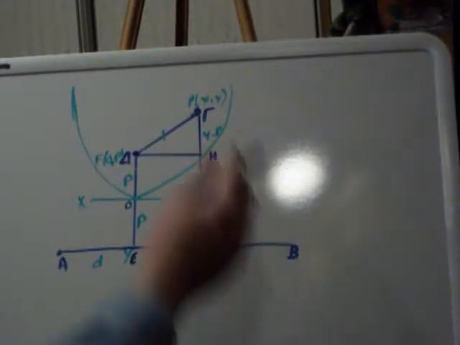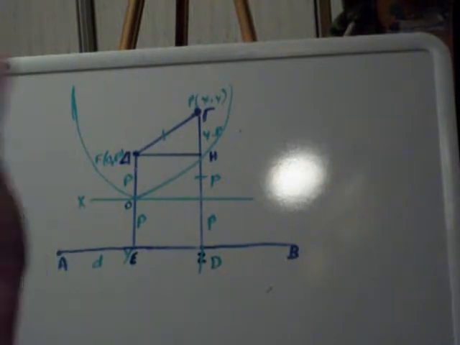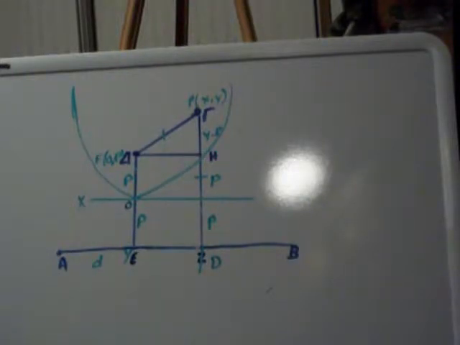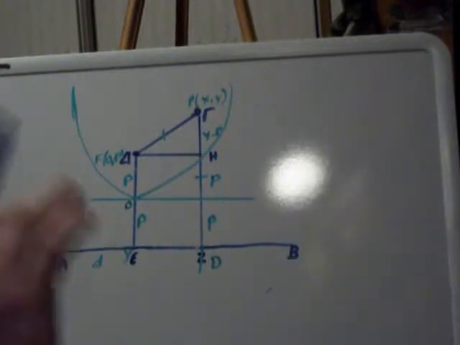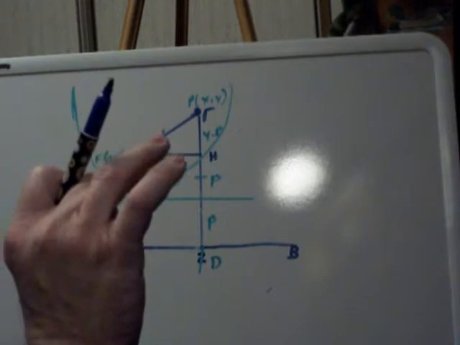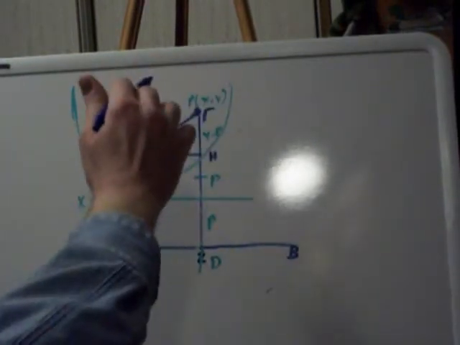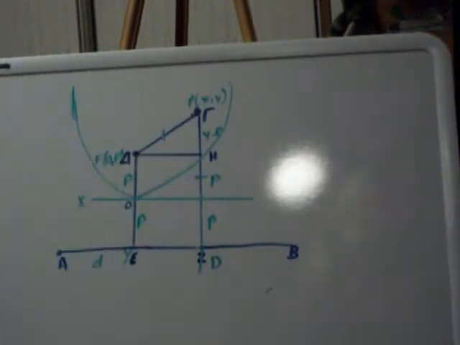So we need to develop an equation for a parabola. That's what this video is all about. So we actually need the x and y coordinates for each point on the parabola. That's why we're going to develop an equation here.